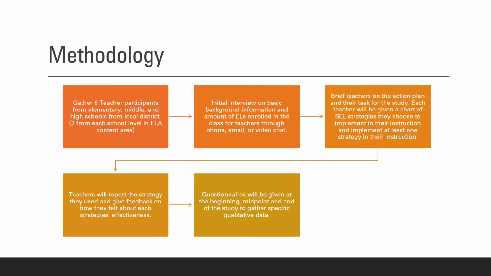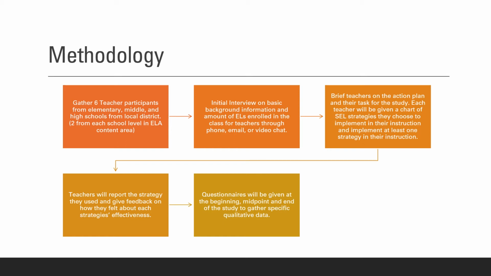So next, for my methodology for my research proposal and the study, first I need to gather participants. So I would need to go to administrations, or you know, I need to go to schools, and get permission to do the study, and find teacher participants from either elementary school, middle school, and high school from my local district.